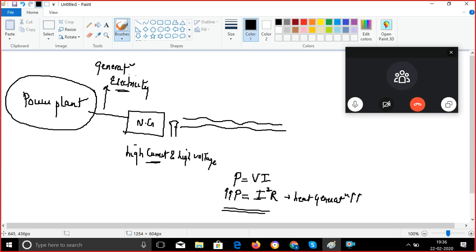So higher is the voltage, higher will be the current, and higher is the heat generation. So there is a chance of an accident, or these wires get melted.